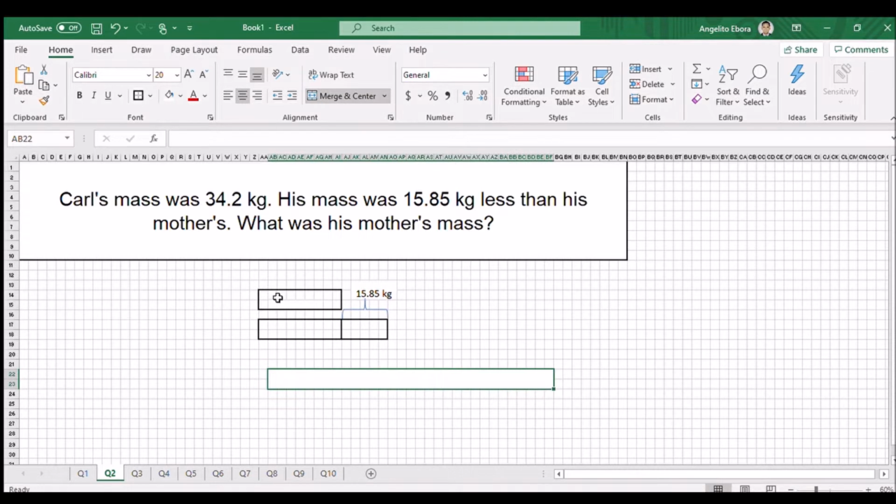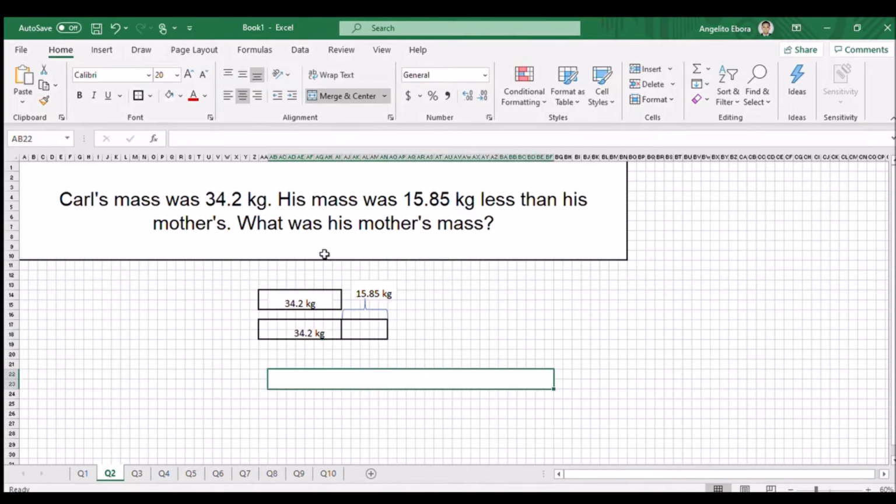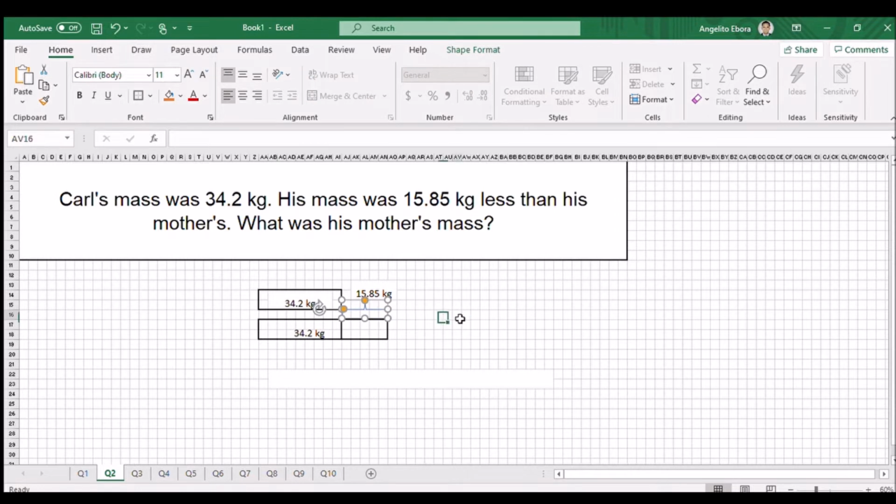We know that Carl is 34.2 kilograms, that means this part is also 34.2 kilograms. Now, we're looking for what was his mother's mass. So this is Carl, this is the mother. That means we need to find the mass of his mother.